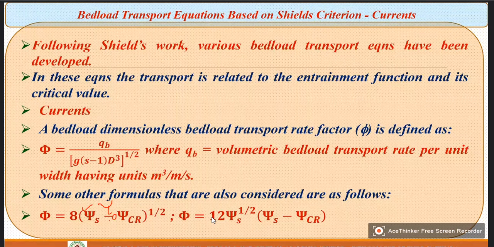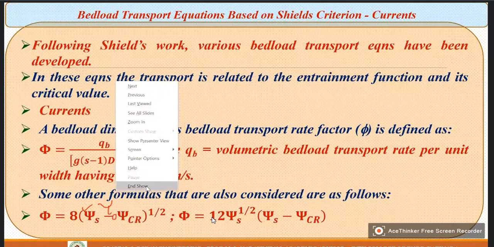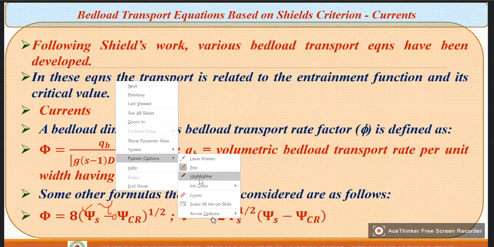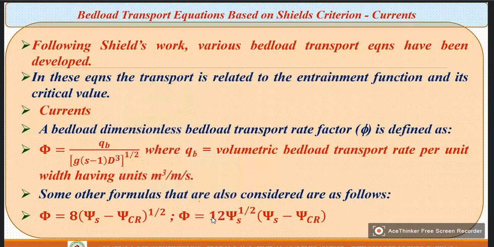So the ultimate thing is to calculate the bed shear stress, tau. If we calculate the bed shear stress, automatically we can calculate all these things. So our next point of discussion will be on how to arrive at the bed shear stress.